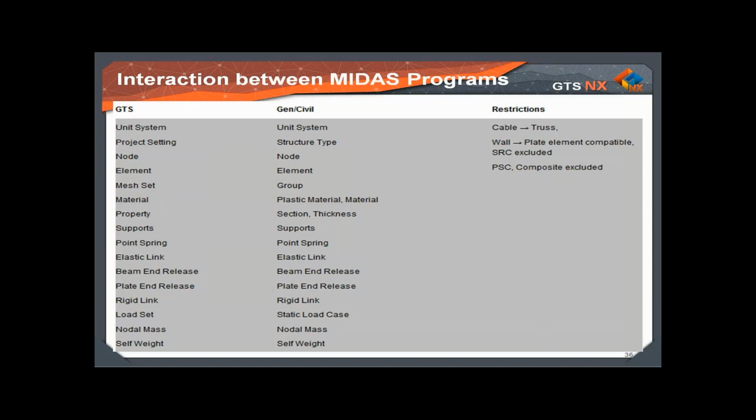Model information and loading, boundary conditions, and analysis data from the MIDAS Gen and Civil programs, other MIDAS family programs, can be synchronized in GTS NX. Element types, load and boundary conditions, and analysis methods not supported in GTS NX are excluded. The compatibility range for MIDAS MGT files is shown below.